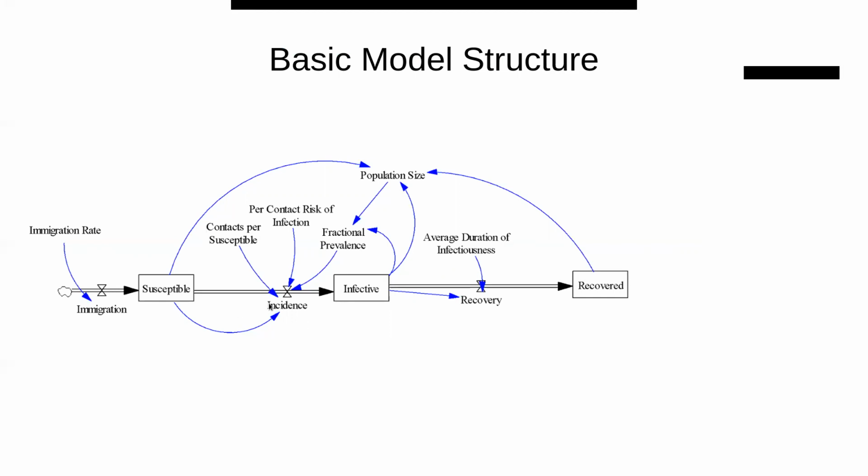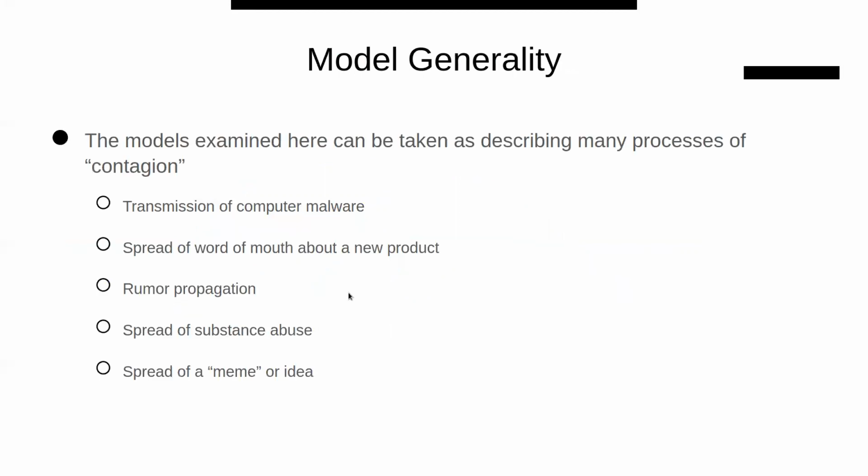We'll get no infections unless we have both susceptibles and infectives. We could have all infectives and we get no incidence because we have no susceptibles, or we could have all susceptibles and we'd still get no infections without infectives.